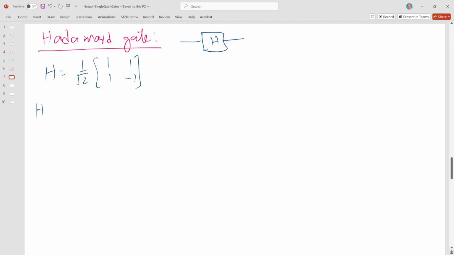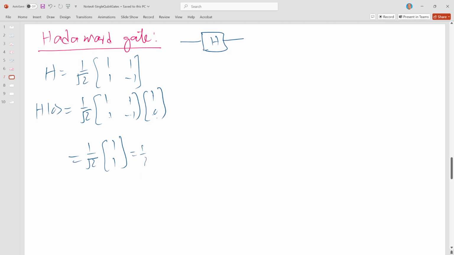So when I apply this Hadamard to state 0, so I get 1 1, 1 minus 1, 1 0. 1 into 1, 1 into 0 is 1, 1 into 1 minus 1 into 0 is 1, which I can write as 1 over square root 2 (1 0 plus 0 1), and this is state 0 and this is state 1.